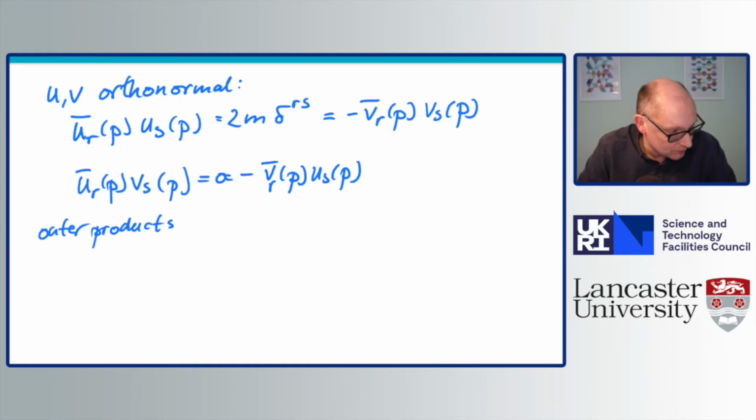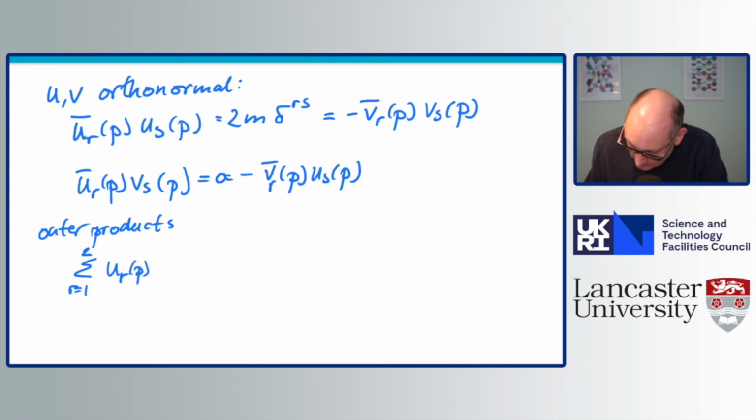And for those constructs, one finds that the sum over spins r equals 1, 2 of u r of momentum p, u bar of momentum p is equal to p slash plus m.